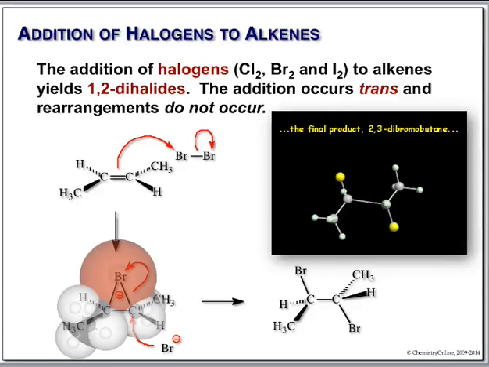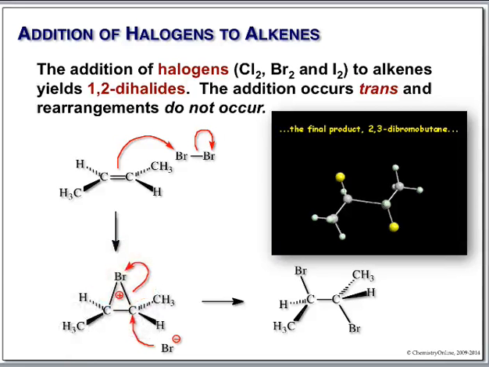So what you have to remember, like I said: bromonium ion intermediate, 1,2 dihalide, trans stereochemistry. Why does there need to be an intermediate step though? Why does it have to be an intermediate?